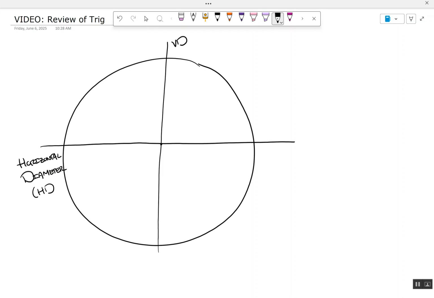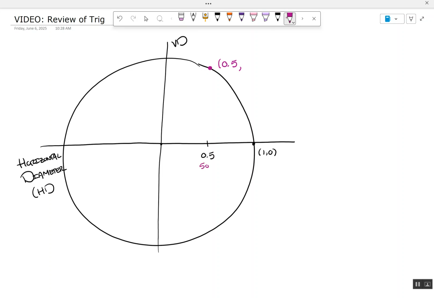Okay, let's look at a point that has this special property. If this guy is (1, 0), hopefully you would agree that this x value is halfway to the right. So this point that I'm talking about has a special property. It is halfway to the right.